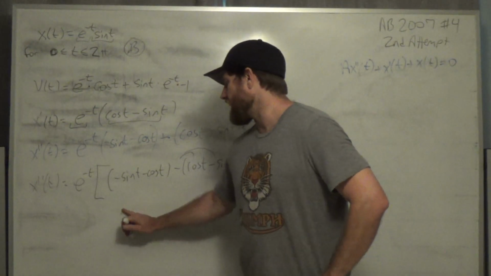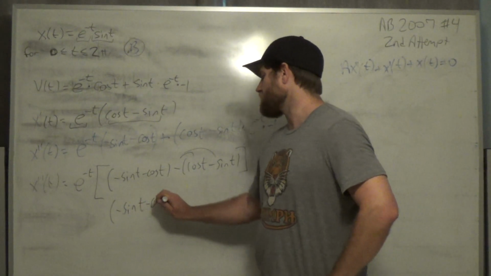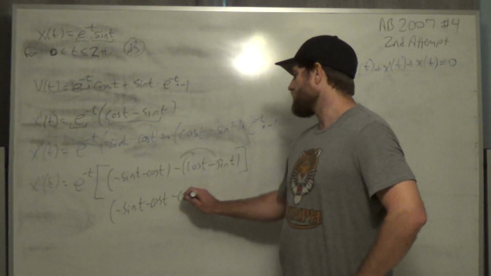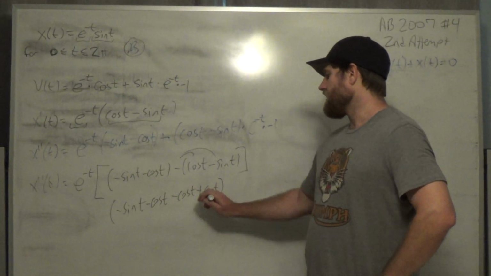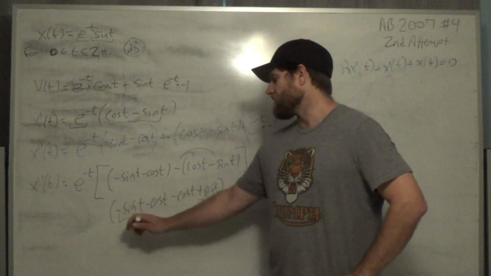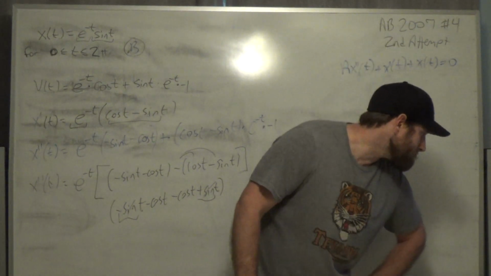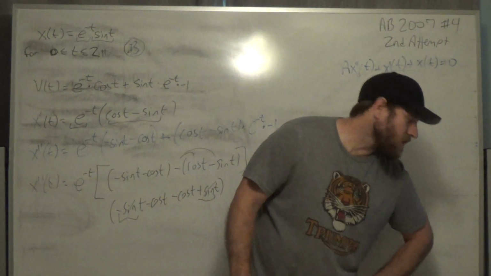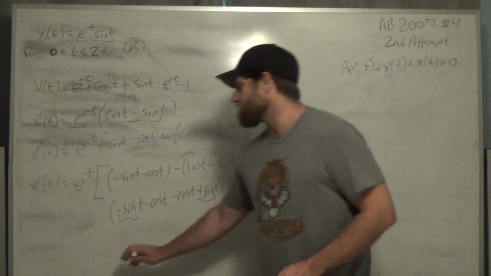So you'll see now we have in here negative sine t minus cosine t minus cosine t plus sine t. And these two sine t's cancel out. And this is now negative 2 cosine t. I'm checking it because that feels wrong. It is correct. I've done it. I'm brilliant. All right, so negative 1 and negative 1 is negative 2.